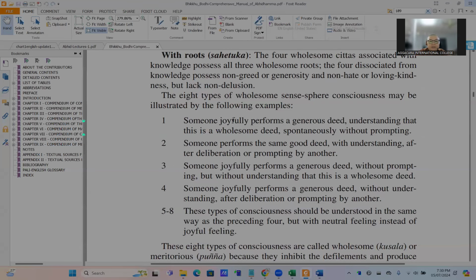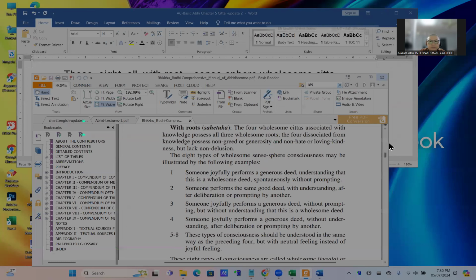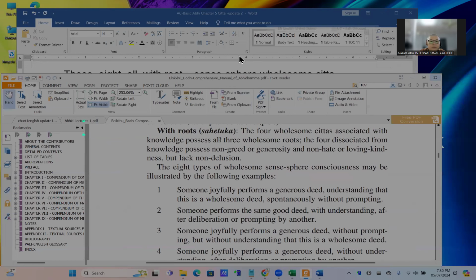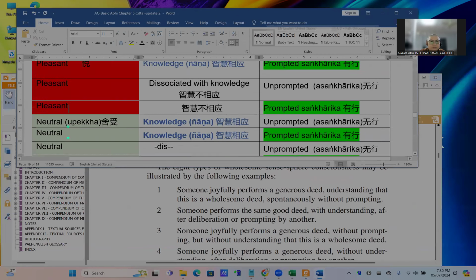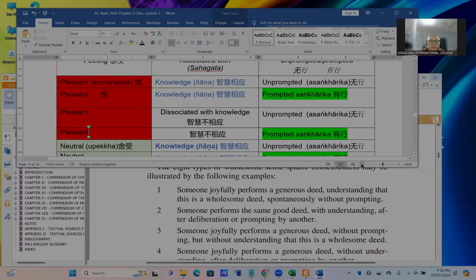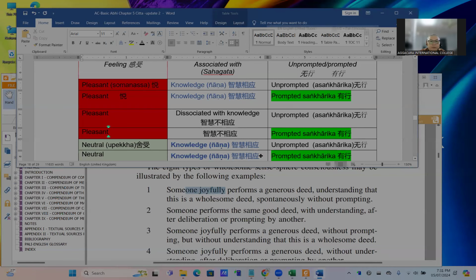Okay, so we look at the example here. Someone joyfully performs a generous deed, understanding that this is a wholesome deed, spontaneously without prompting.